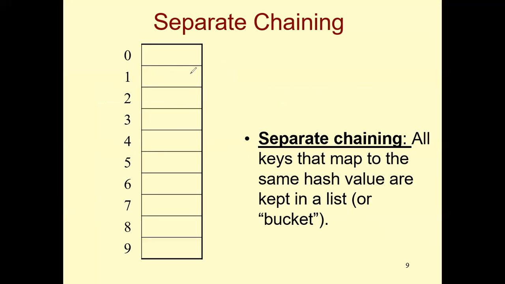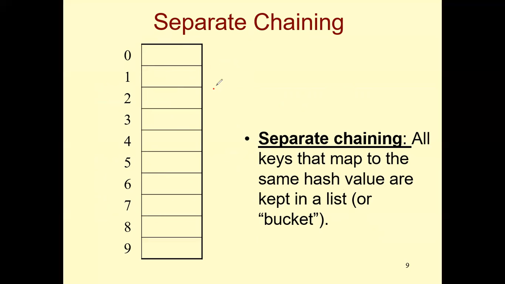So we establish a link to the different values that are inside here. We don't move down and try to find an empty slot, but we create a link or like a chain. So all the keys that map to the same hash value are kept in a list, or if you want to call it a bucket, and so it will form like a chain to the location. All right, so let's look at an example.